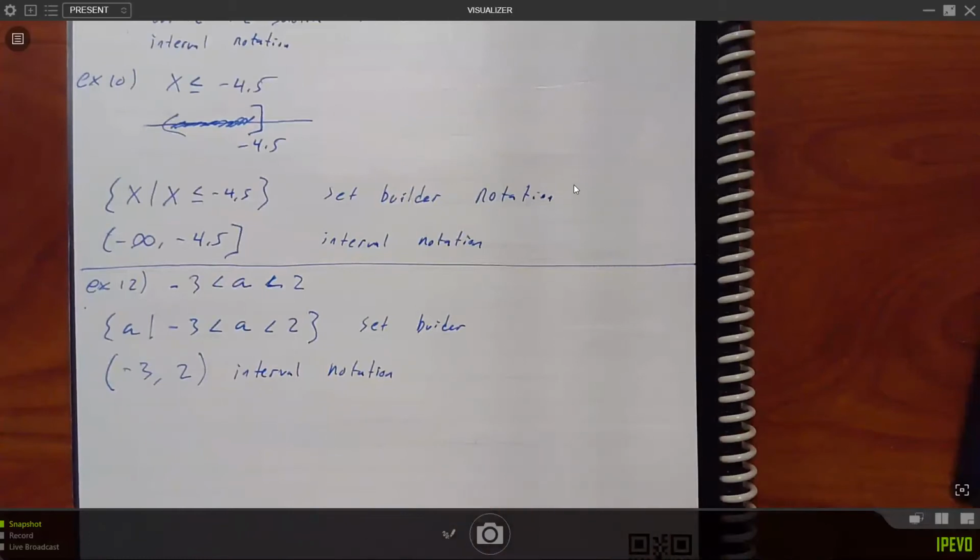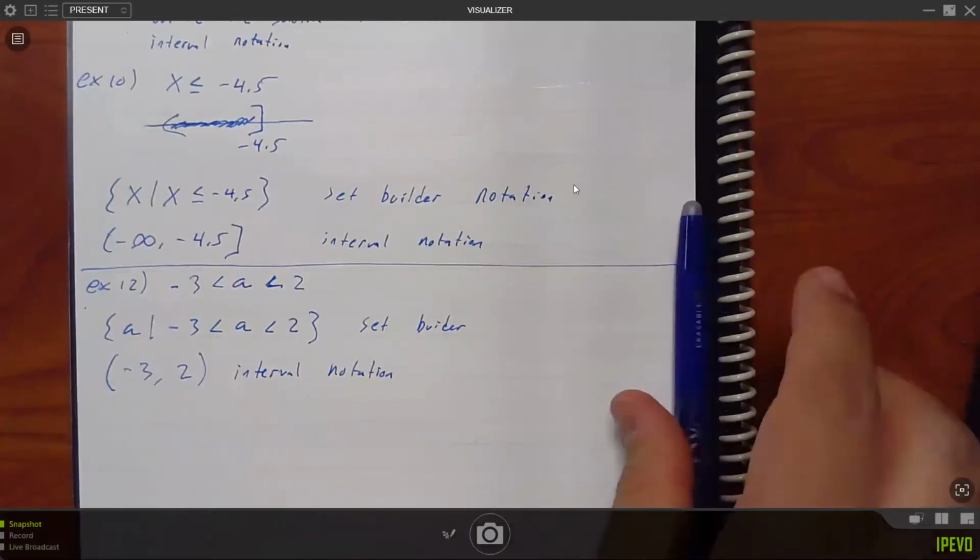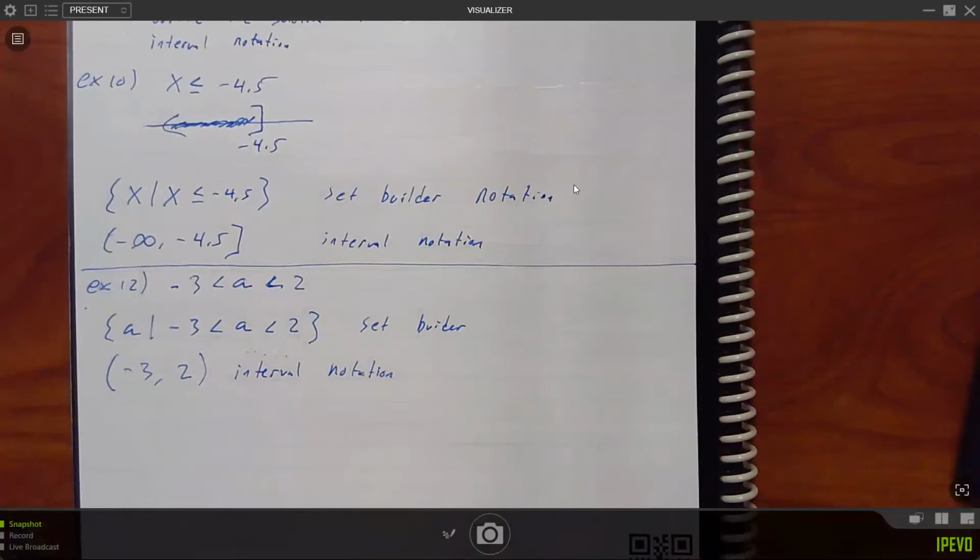Anyway, I think that's enough for 2.7 unless you are confused by anything or did you miss anything? Is it okay? What do you think?